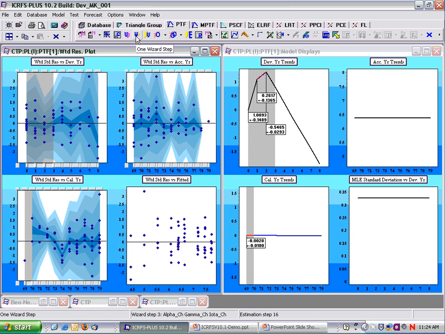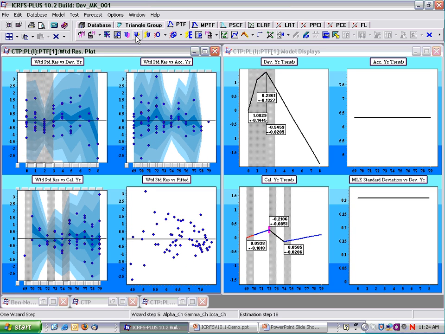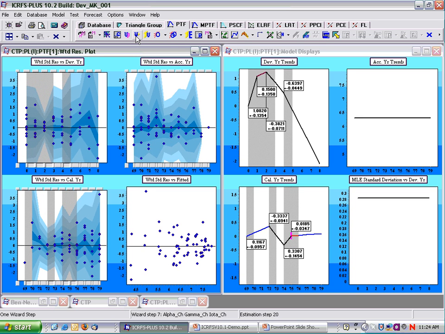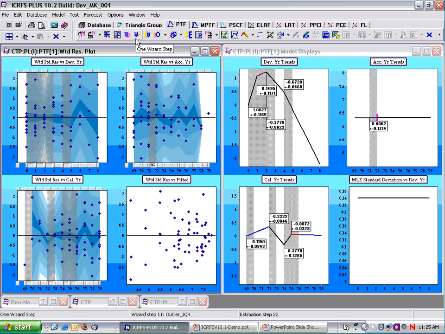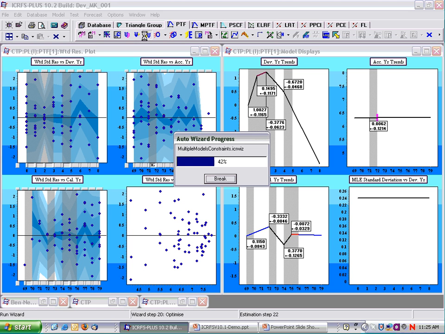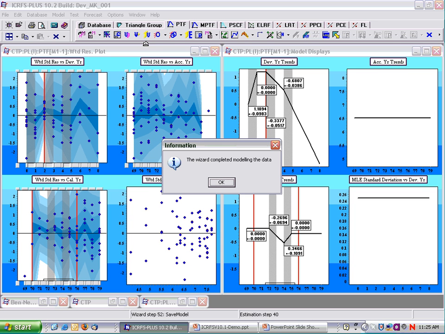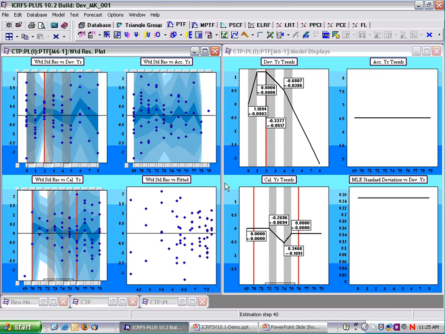Can you see it's adding parameters? I'll just let it rip. And it's come up with the same model, the same model that we did manually, and that would have only taken a fraction of a second.